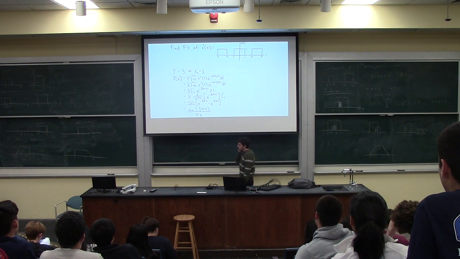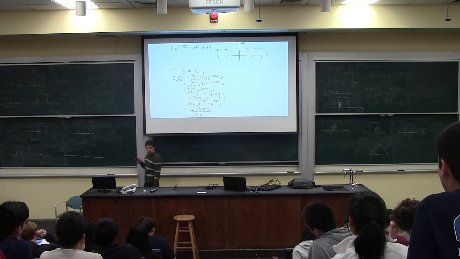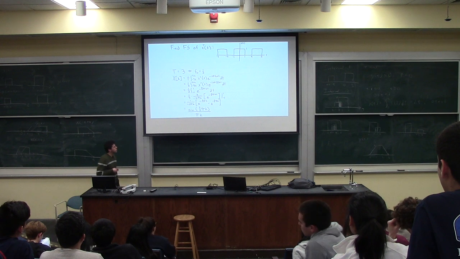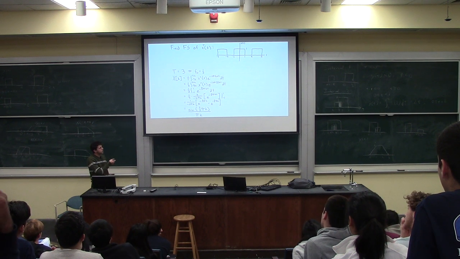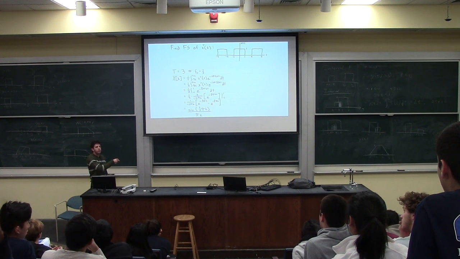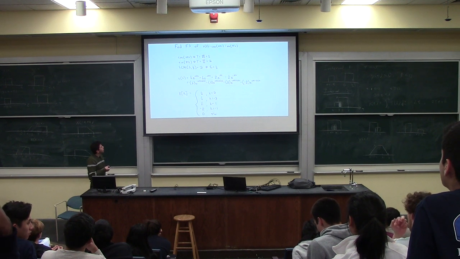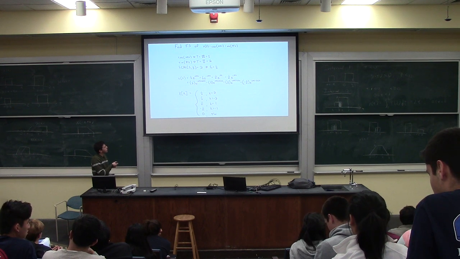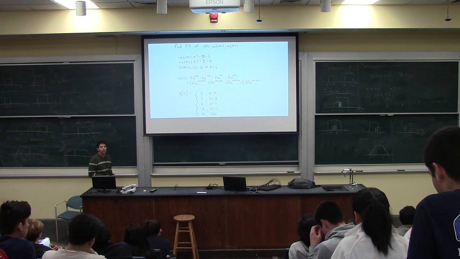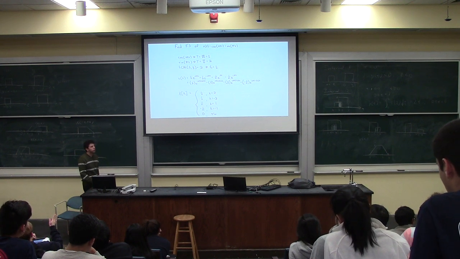When they ask for either, you could represent it either way. In this case, you can't really represent it as a piecewise because you have infinite of these, so we just represent it as a function. But in this example, we represent it as piecewise simply because there's only 4 instances that are non-zero. So either representation is fine, whatever works easier.